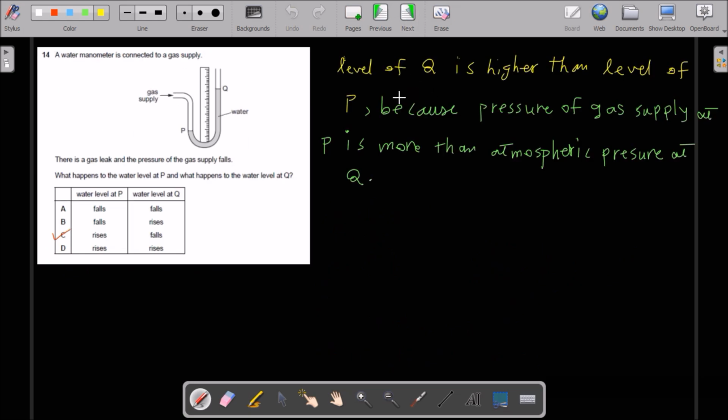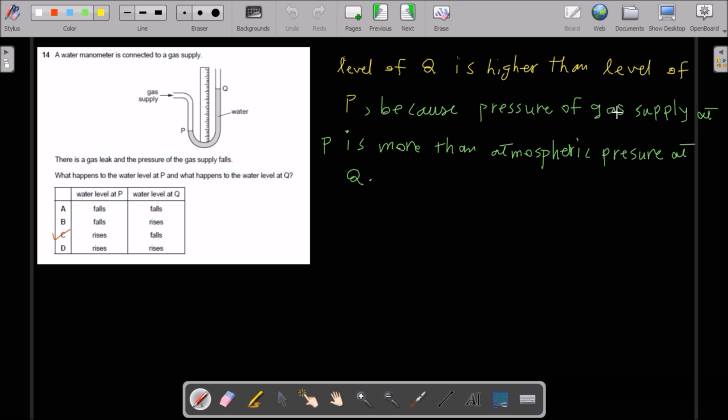Question 14. A water manometer is connected to a gas supply. There is a gas leak and the pressure of the gas supply falls. What happens to the water level at P and what happens to the water level at Q? We know that when gas leaks, first of all, level of Q is higher than level of P. Why in this figure?